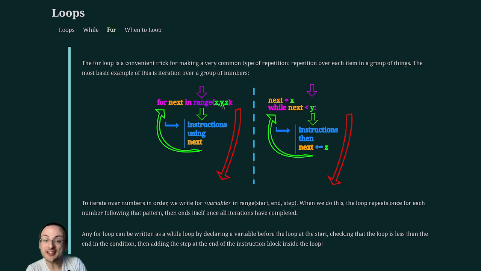That's the thing that's doing the test in this range, is that middle number. And then in my block of instructions, do all of the instructions I had before exactly the same, but at the very end, put next equals whatever next was plus this z, because that's all that z is saying, is how much to step up by each time.